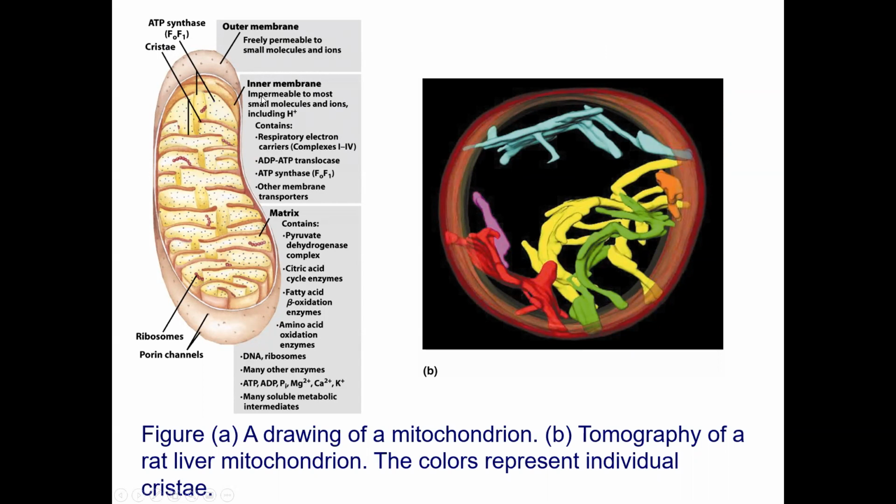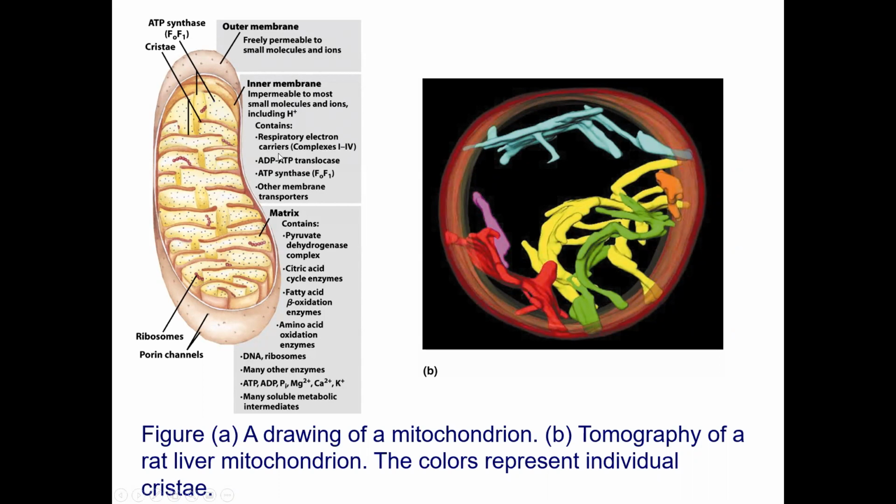But the inner membrane is a very unique one, and it is impermeable to most small molecules, including protons and ions. So protons cannot just diffuse in and out, although they're really small molecules, right? And it's the inner membrane that contains the respiratory chain, which would be complexes 1, 2, 3, and 4.